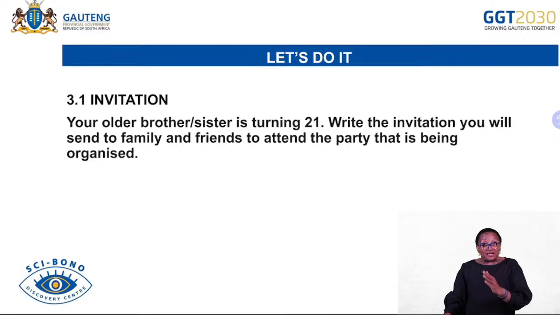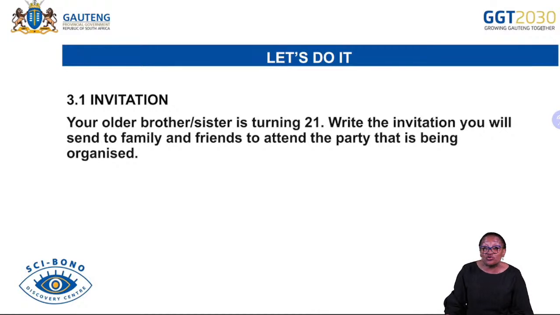You can't write brother stroke sister. No. So already you have the given aspects. You've got the type of the function, a 21st birthday party, a 21st birthday celebration.